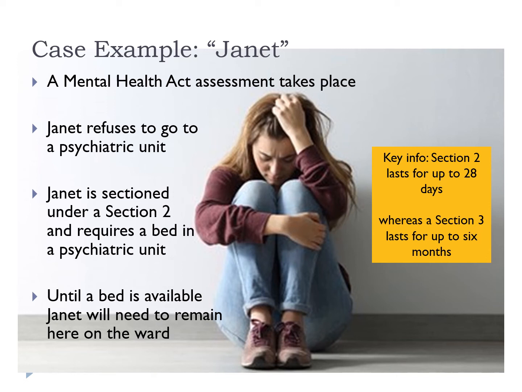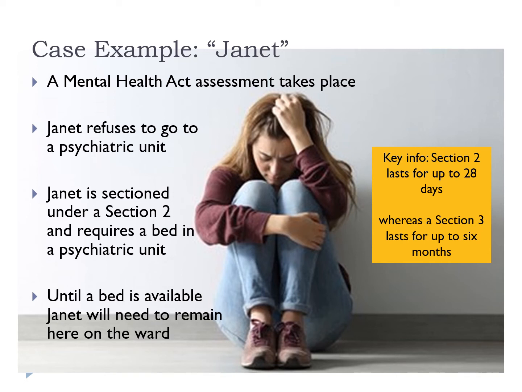However, Janet is refusing to go in voluntarily. Therefore, the decision has been made, after considering all of the least restrictive options, that it is in her best interest for her to be detained under a Section 2.